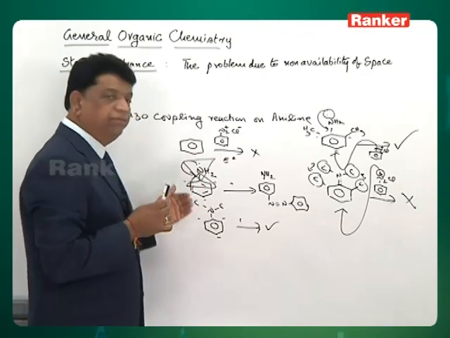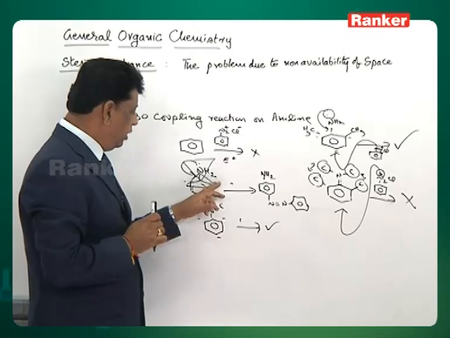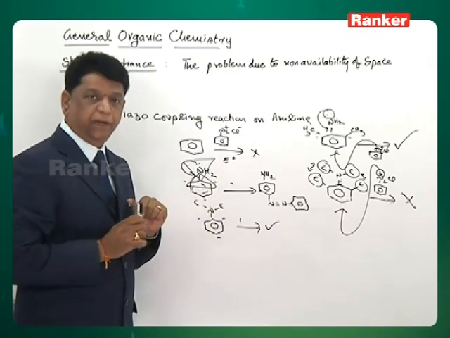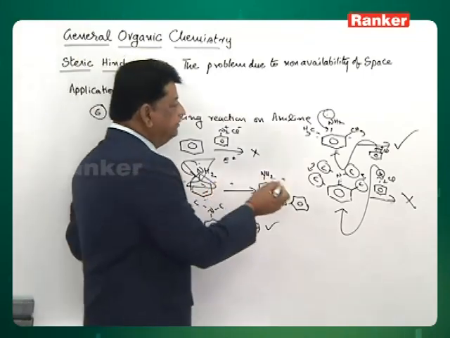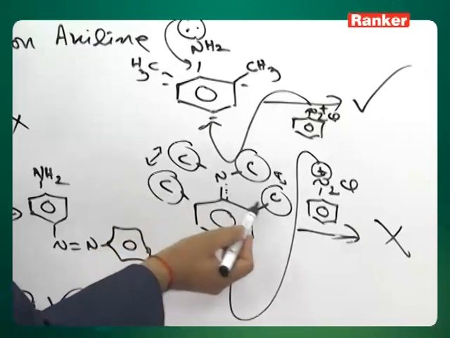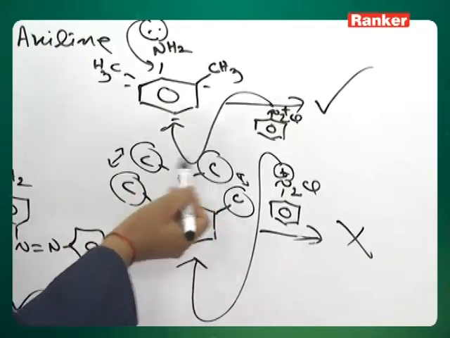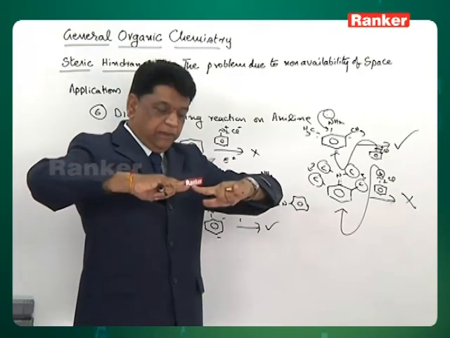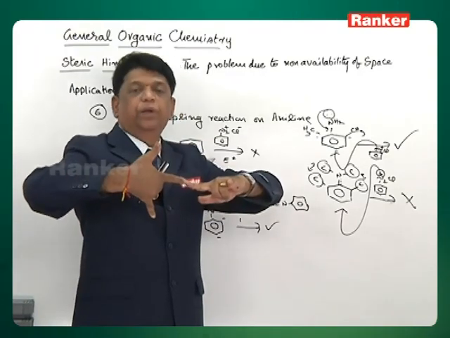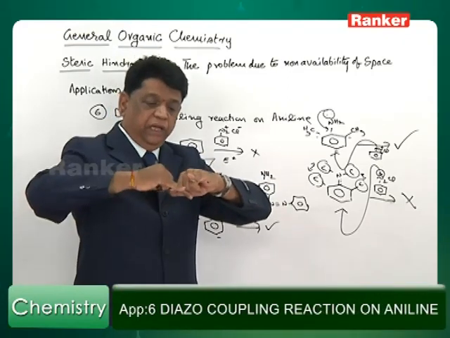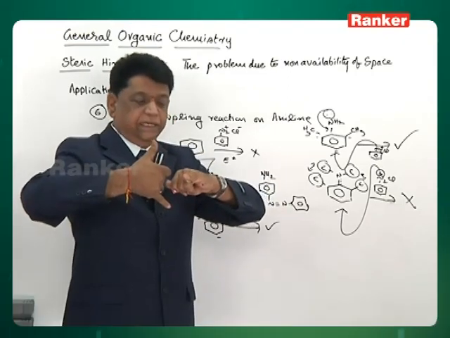Then the plus M effect will come into force, thereby ortho and para will become rich in electrons and the group will attack at the para. But because of the steric hindrance between the ortho groups and the N-methyl groups, the nitrogen plane and the benzene plane rotate perpendicular to each other. Because of the steric hindrance of the methyl groups, they rotate perpendicular to each other.